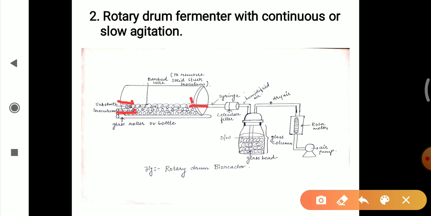The humidifier system is based on a glass column that is filled with glass beads and sterile distilled water.